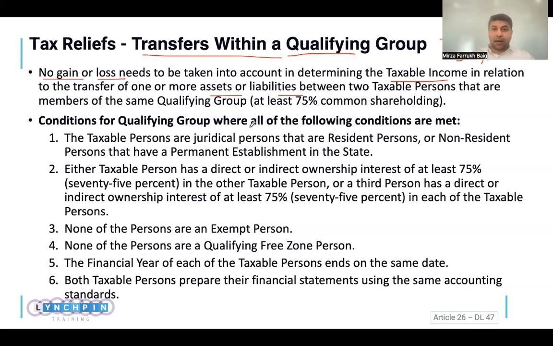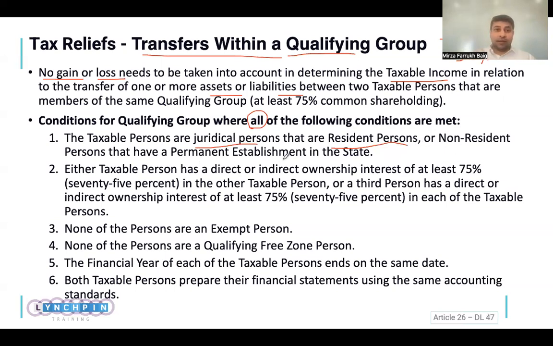And all of the following conditions have to be fulfilled. These should be juridical entities. All of them should be resident. We cannot include transactions between foreign entities and local entities which are part of the qualifying group.